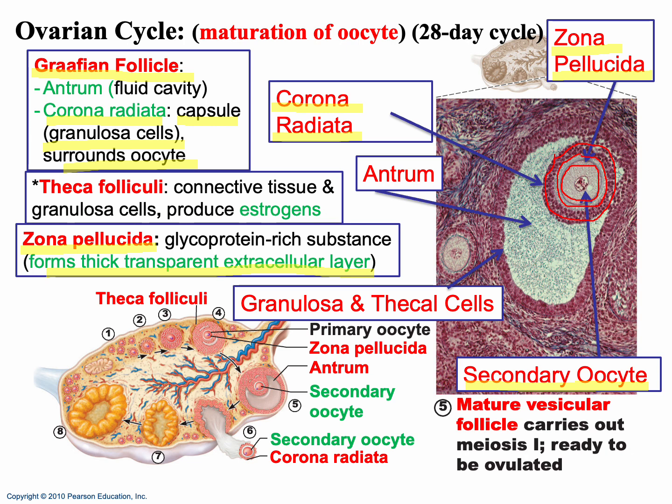And then the antrum is the fluid-filled cavity in the gray here. So all this area here is the antrum. Okay, the antrum. And then to the outside of the adult follicle are additional granulosa cells and thecal cells.